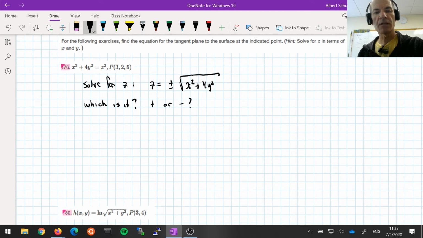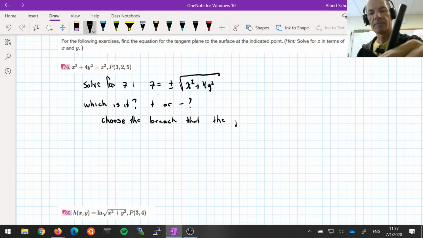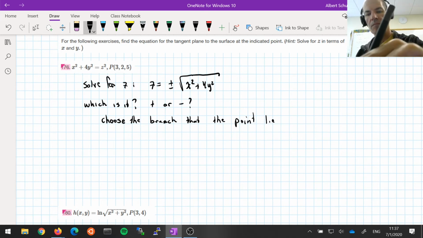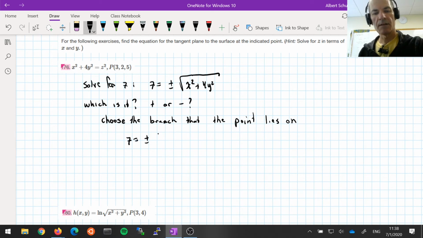If we plug (3, 2) into this expression, we want to choose, these are called branches, the positive branch and the negative branch. We want to choose the branch that the point lies on. So we plug in z equals plus or minus the square root of 3 squared, 9, plus 4 y squared, 16.